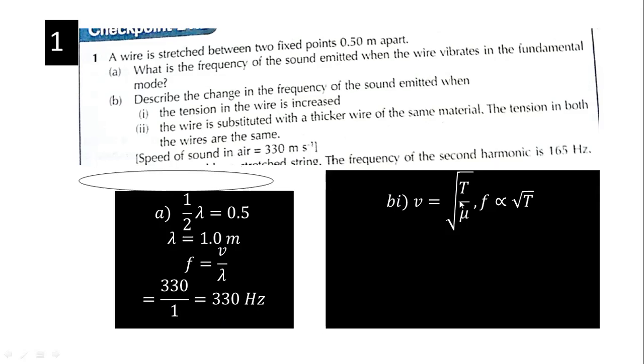So your frequency is proportional to speed, so your frequency is proportional to your tension. From that formula, lambda is the one that we have derived for the first one. So it depends on the speed. Speed depends on the tension. The frequency is proportional to root T.